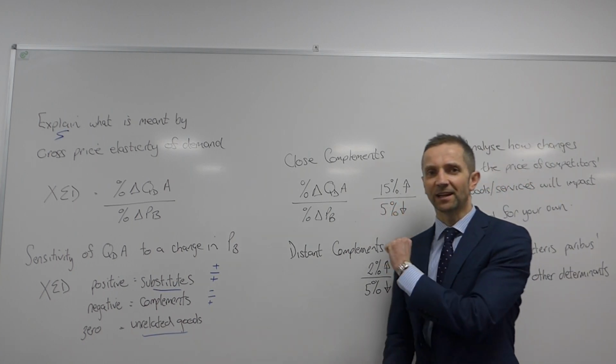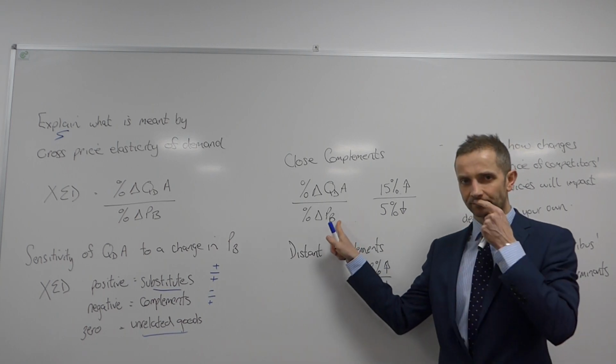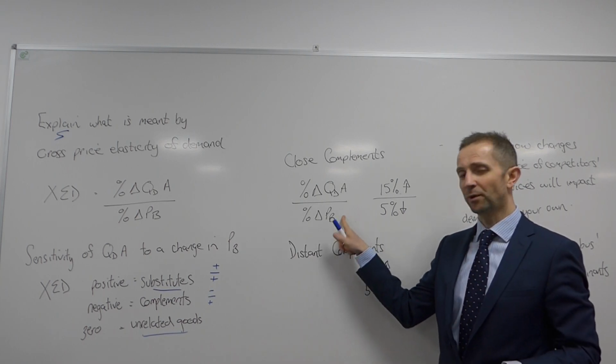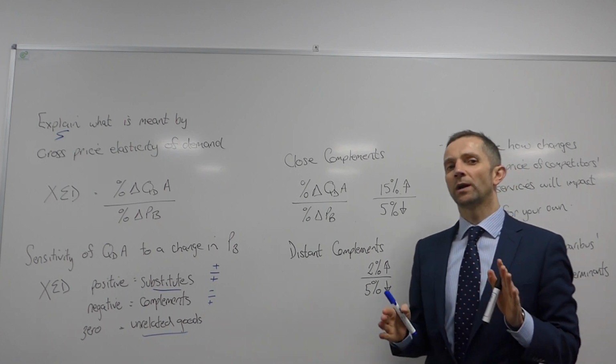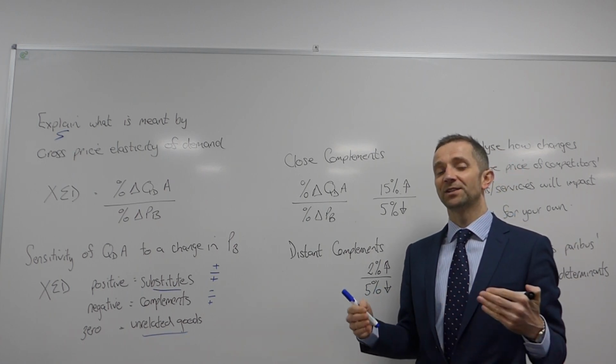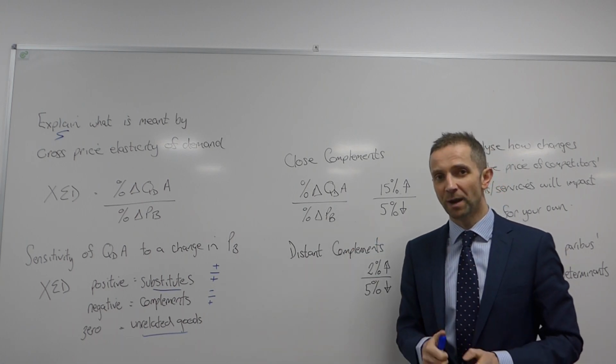So if something is a close complement, that means that if the price of it, B in this instance, falls a relatively small amount, then because they're quite close complements, you get quite a significant proportional increase in the quantity of the other good demanded.